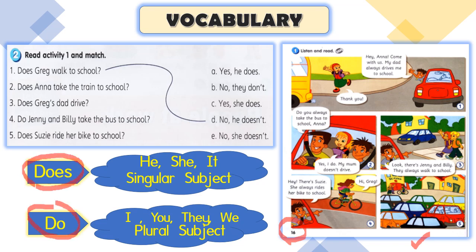We use does with singular subjects and the pronouns he, she, it. And for do, we use it with the subject pronouns I, you, they, we, as well as plural subjects.